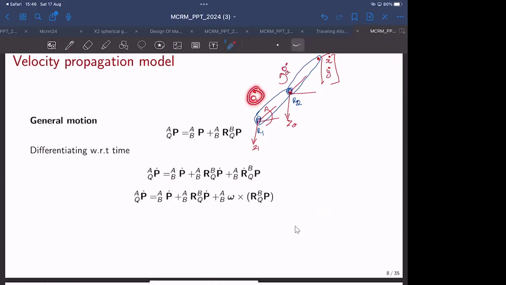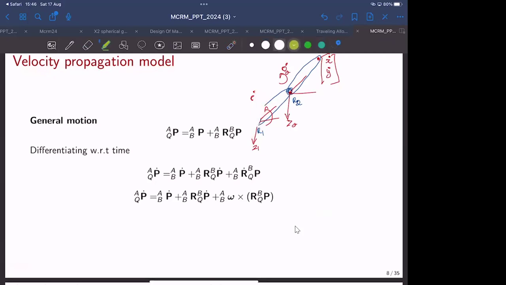These two inputs contribute to the velocities of any point on any of these links. As you propagate from the base to the end effector, the contributions of these individual velocities add up, and the cumulative effect is reflected at the tip of the end effector. To map that, we use this velocity propagation model, and the basic principle is derived as follows.